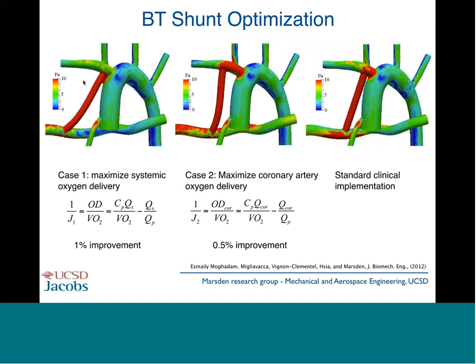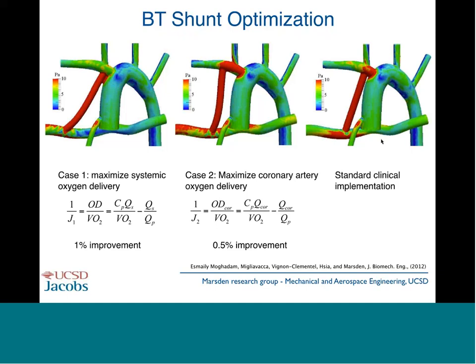And while the optimization was technically successful, we found that there was not a whole lot of improvement that could be gained by just tweaking the existing surgery compared to the standard clinical implementation. So we got at most 1% improvement in oxygen delivery, which was really not sufficient to make a clinical recommendation.